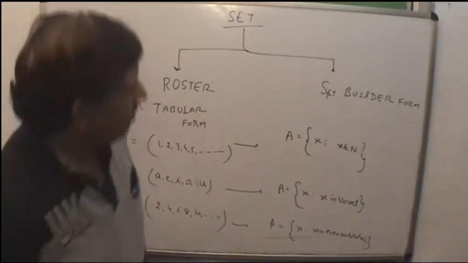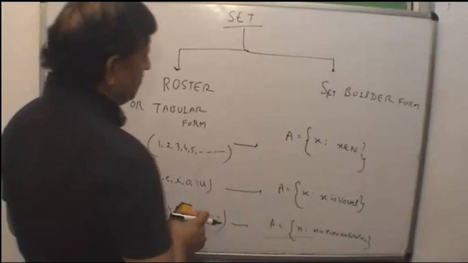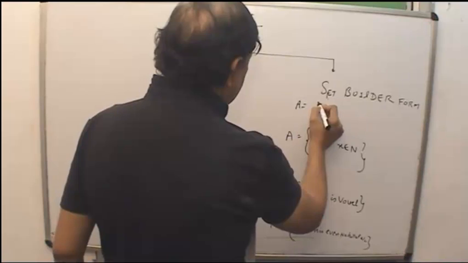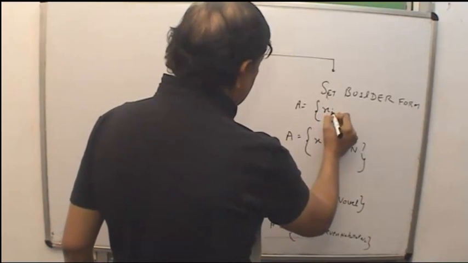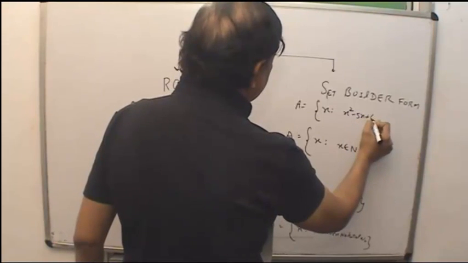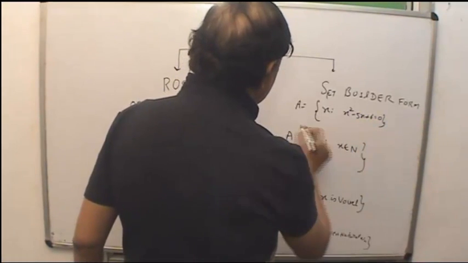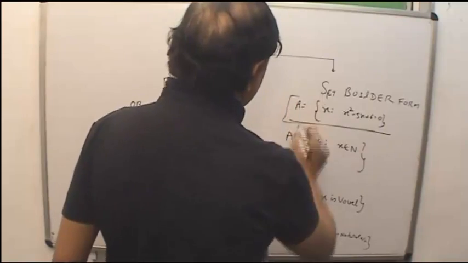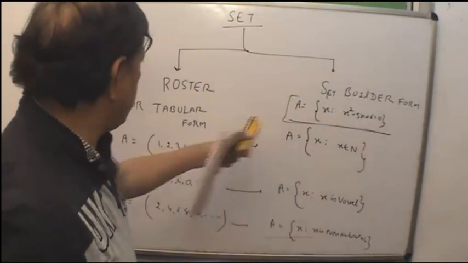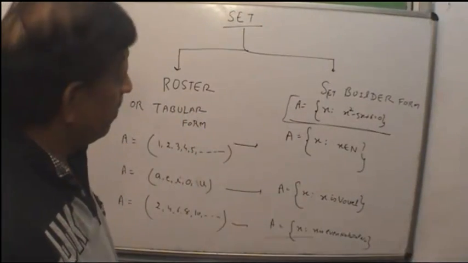That is where the problem arises. Let us say we take a set A equal to {x such that x squared minus 5x plus 6 equals 0}. We are given this set. How do we convert it into the roster form?